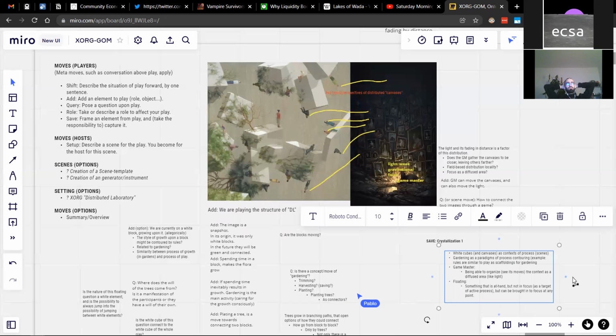Let's put an example: a question can be added to at any point. So there was this connection between this and the game master.